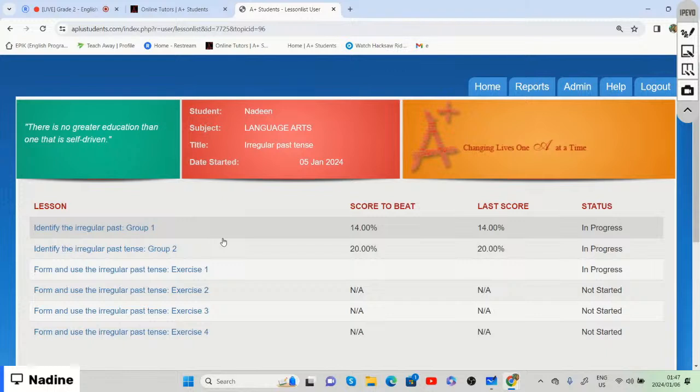So this is now the end of our lesson on irregular past tense. We see that some verbs are irregular, right? Meaning that they don't follow any rules like add ed or add d. And when it comes to irregular past tense verbs, sometimes the wording changes, the spelling changes.